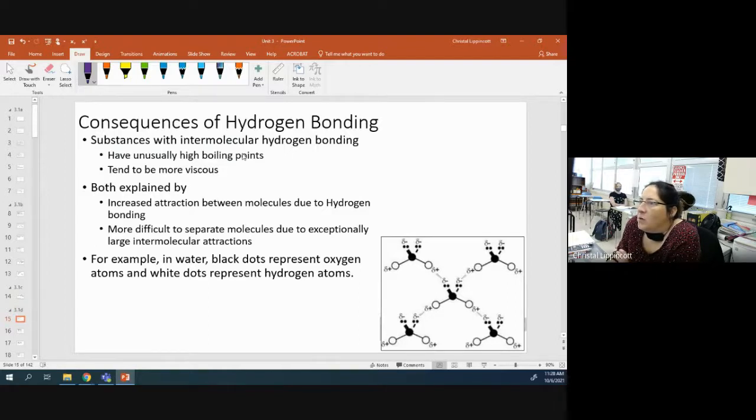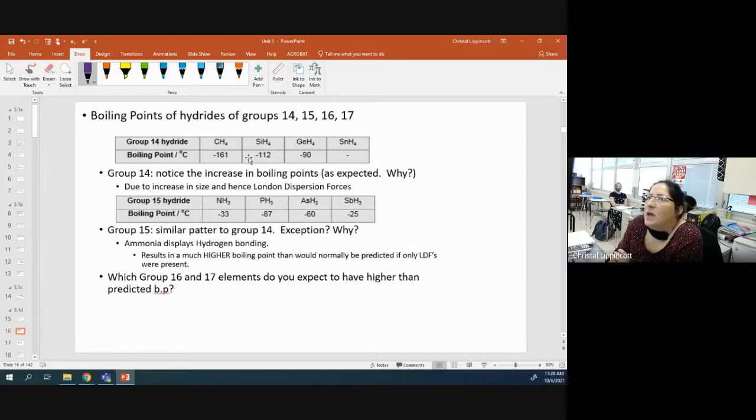So here we've got to break down all of those forces in order to get this water to go into a gas state. If we look at these and we're increasing our LDFs here, we're increasing our boiling points. These are all nonpolar.